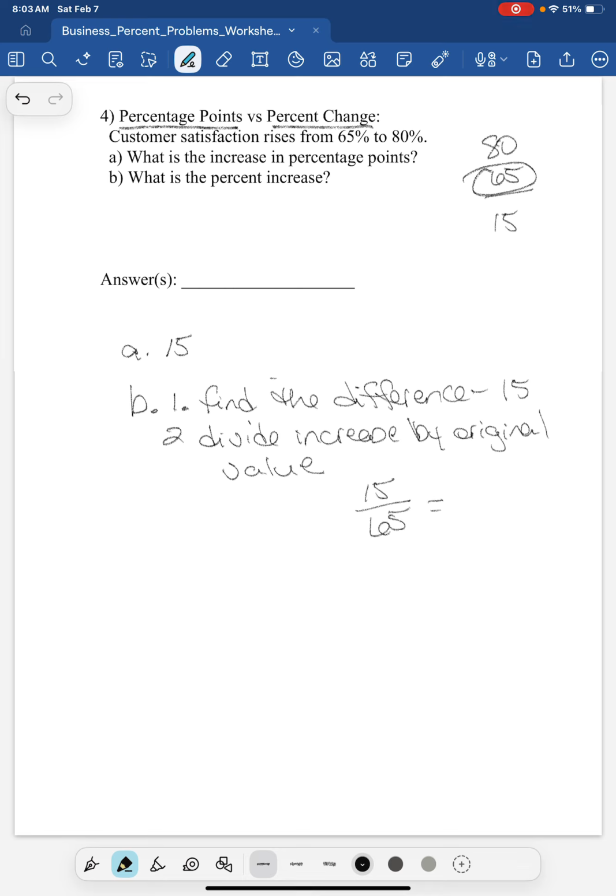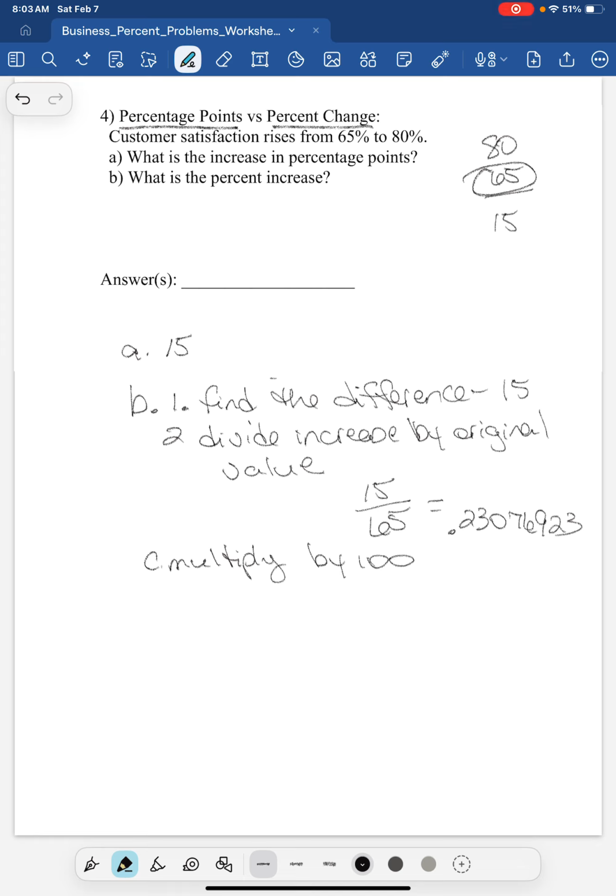And so if we divide 15 by 65, we get this long 0.2307692. And it's going to go on for a little bit there. That one doesn't really divide out very evenly. But then the next step is to multiply by 100.